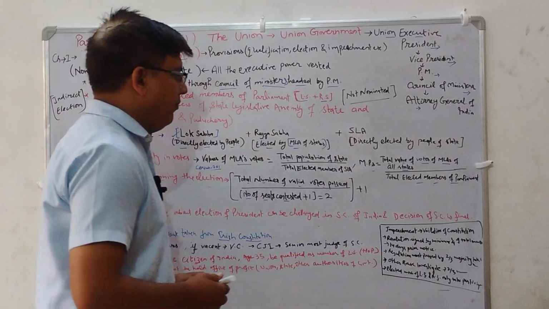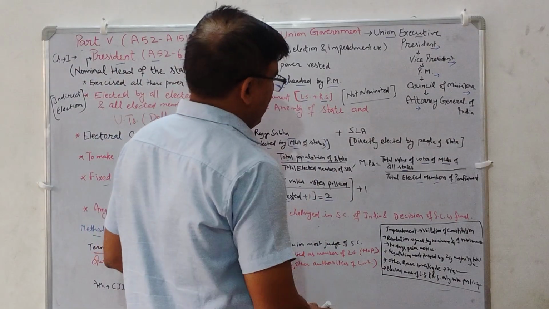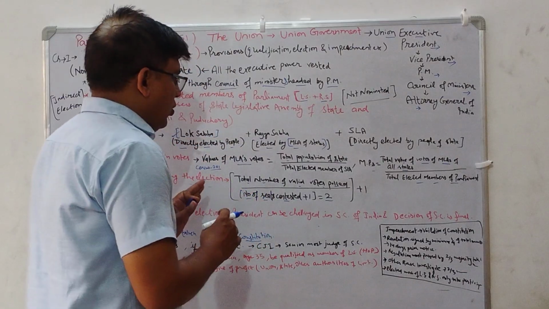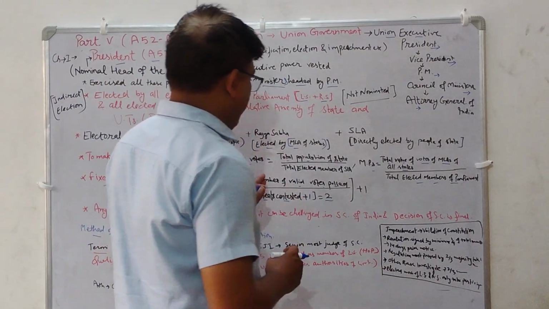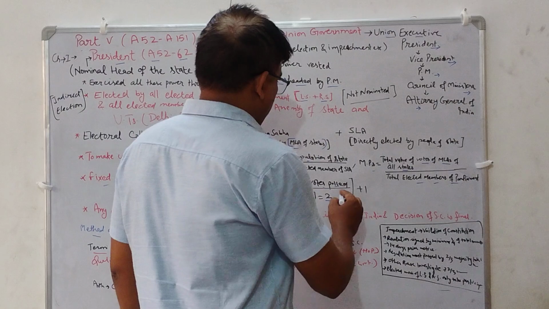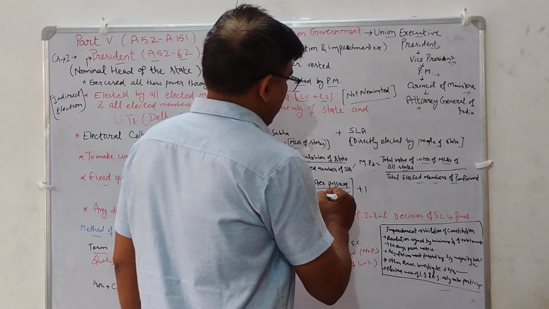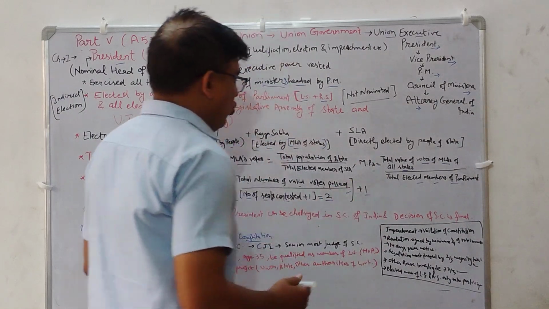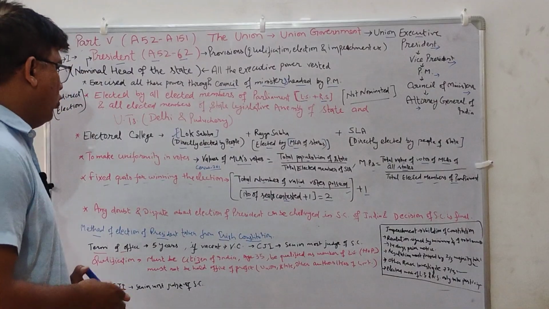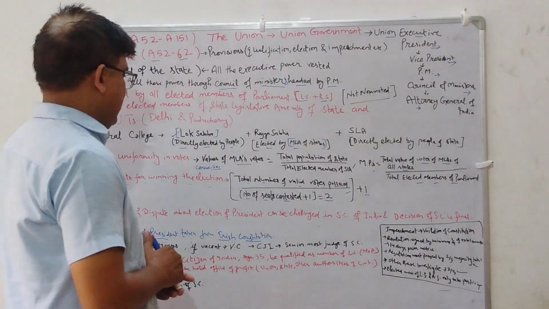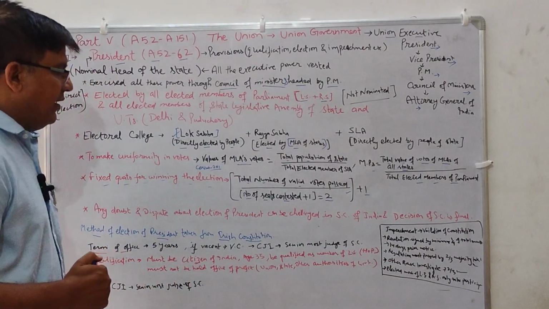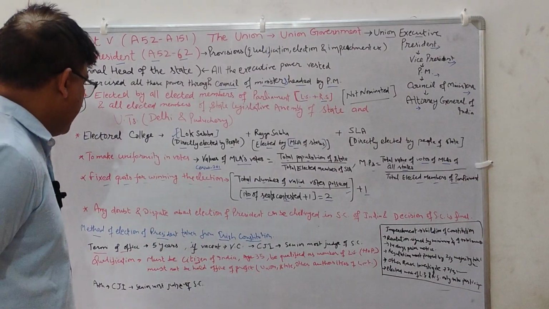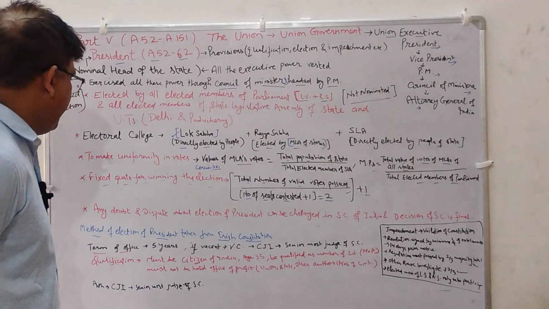That's our minimum. When we get the value, then we add 1. Whoever acquires this quota will be declared the winning candidate.